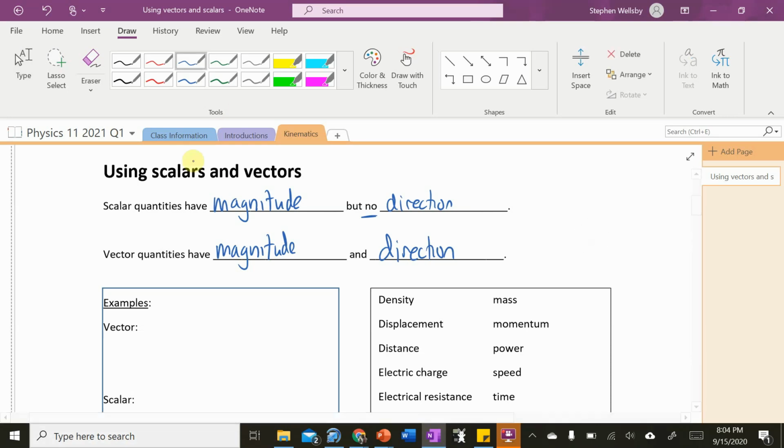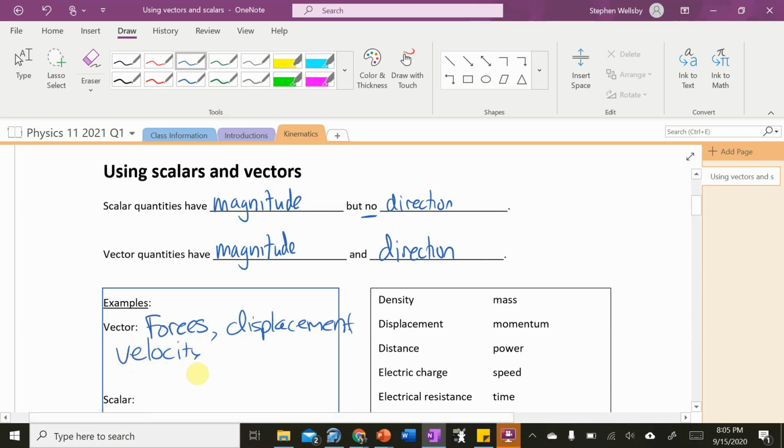Some examples would be forces. When you're applying a force, you have to apply it in a direction. You push someone to the left or to the right. Another one is displacement and velocity. There's lots more than these, but these are just three examples.